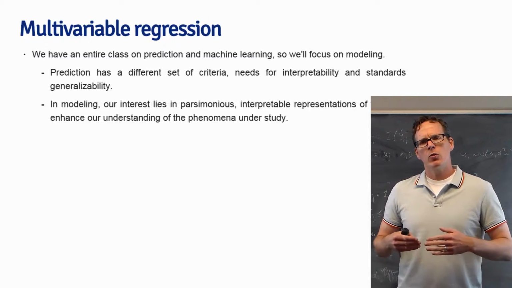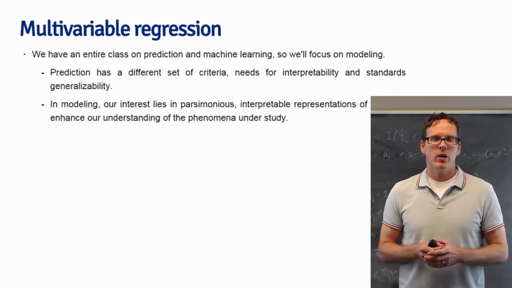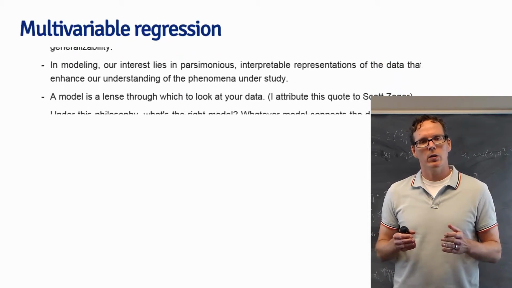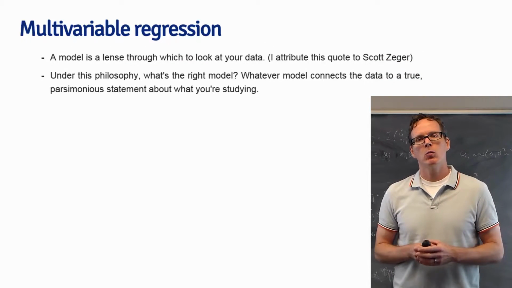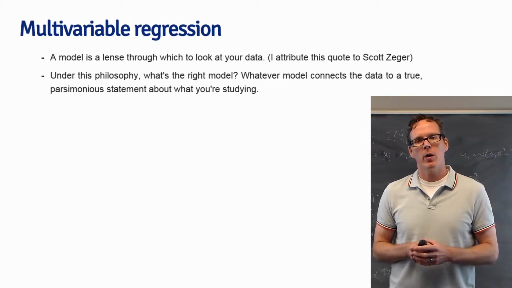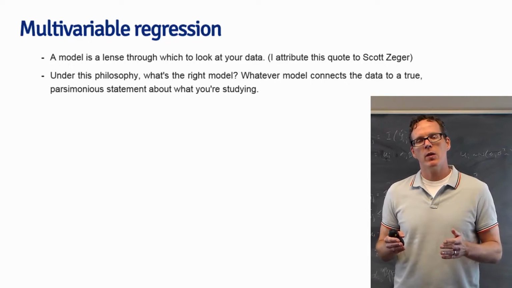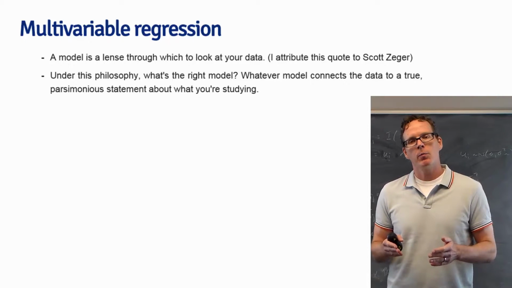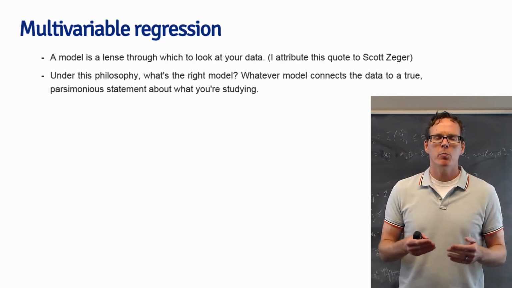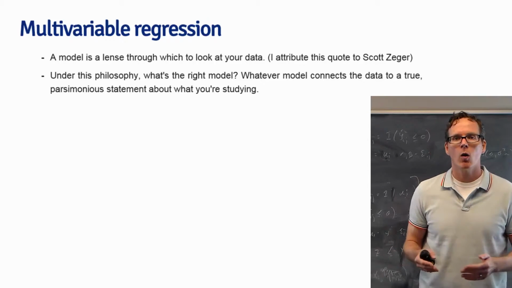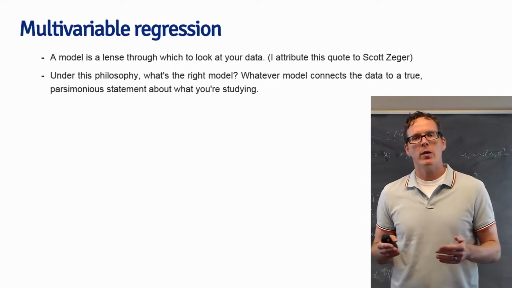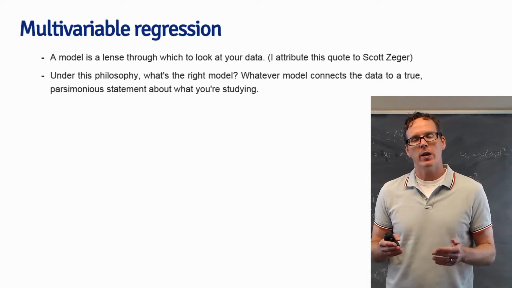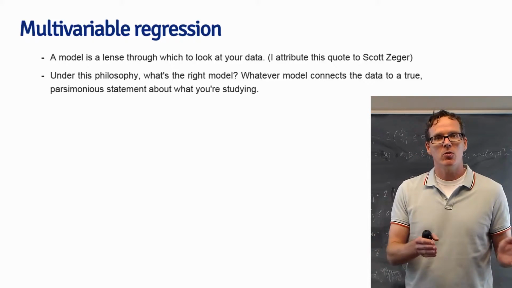I also like to bring up this quote by Scott Zeger, who really helps me think about what I'm going for when I look at models. He likes to think of a model as a lens through which you're looking at the data. So in that context, your model is neither right nor wrong. Any model that teaches you something valuable about your data is right as long as it teaches you something true.